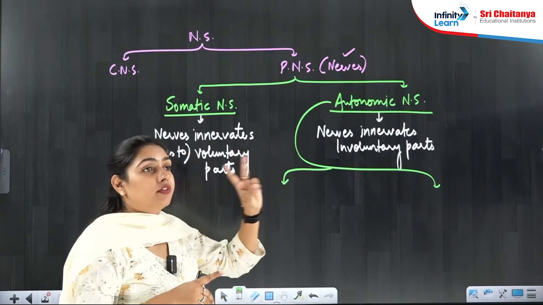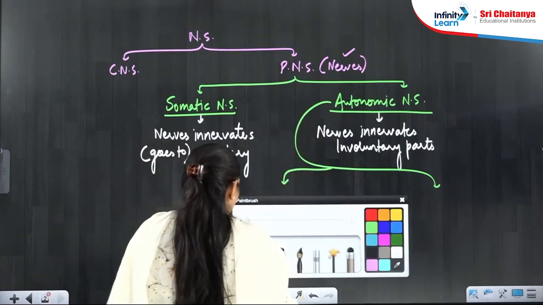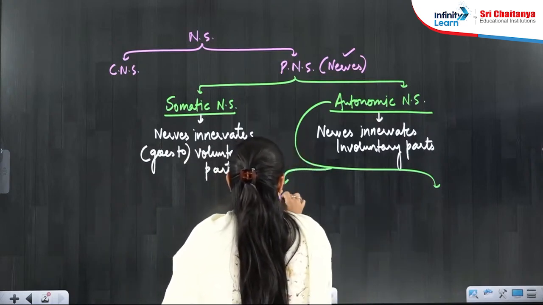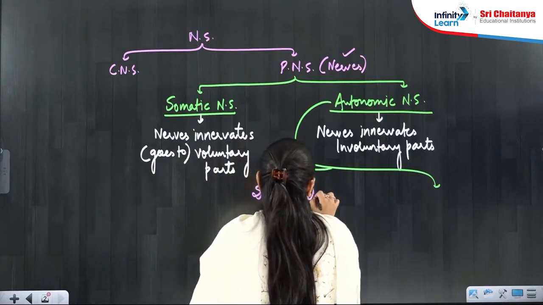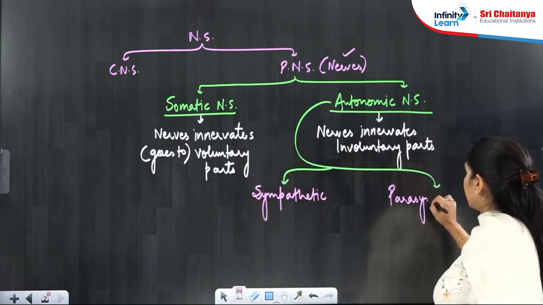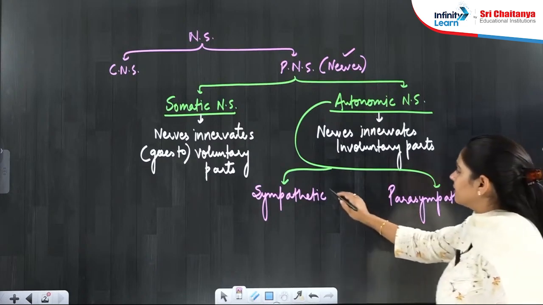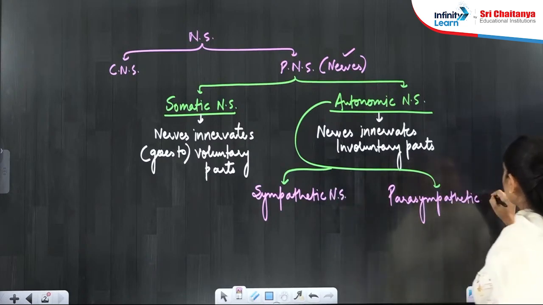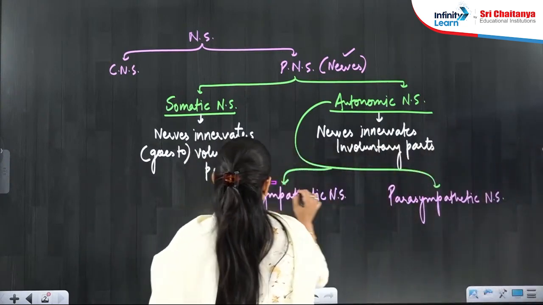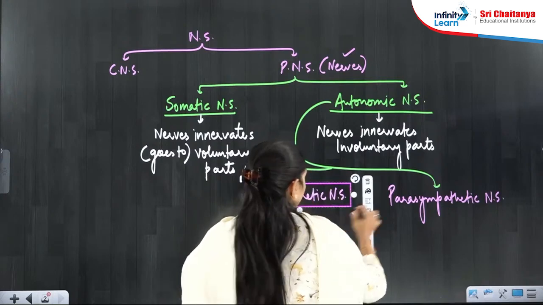For the two different functions, we have two parts of the autonomic nervous system. One is sympathetic, and another is parasympathetic. So the sympathetic nervous system and the parasympathetic nervous system both will do the opposite function.